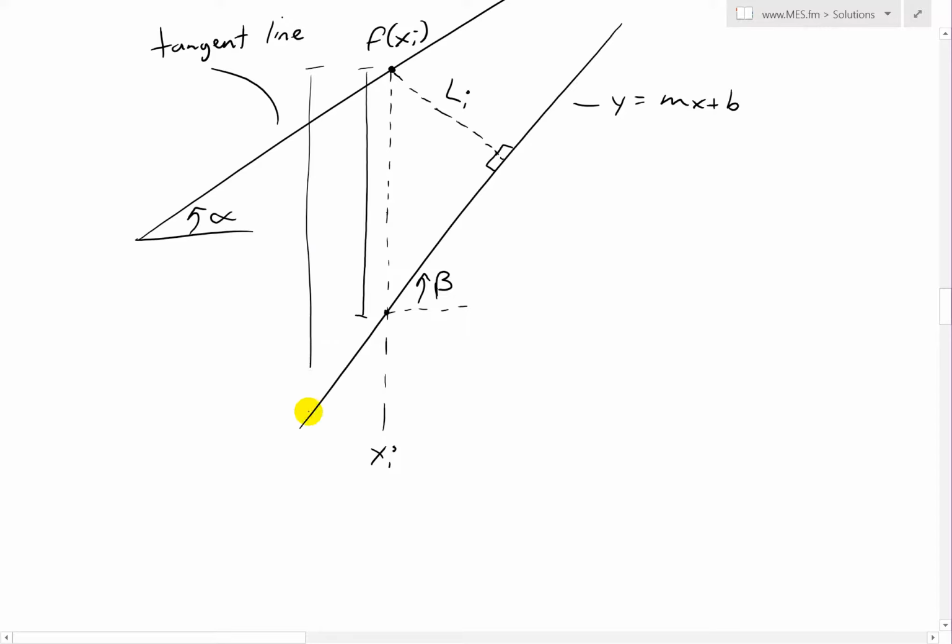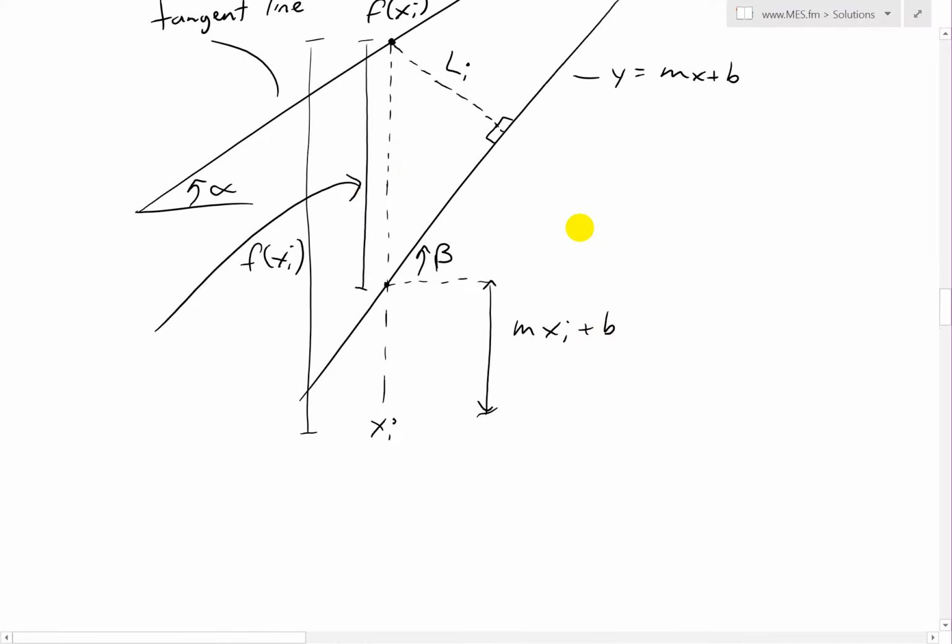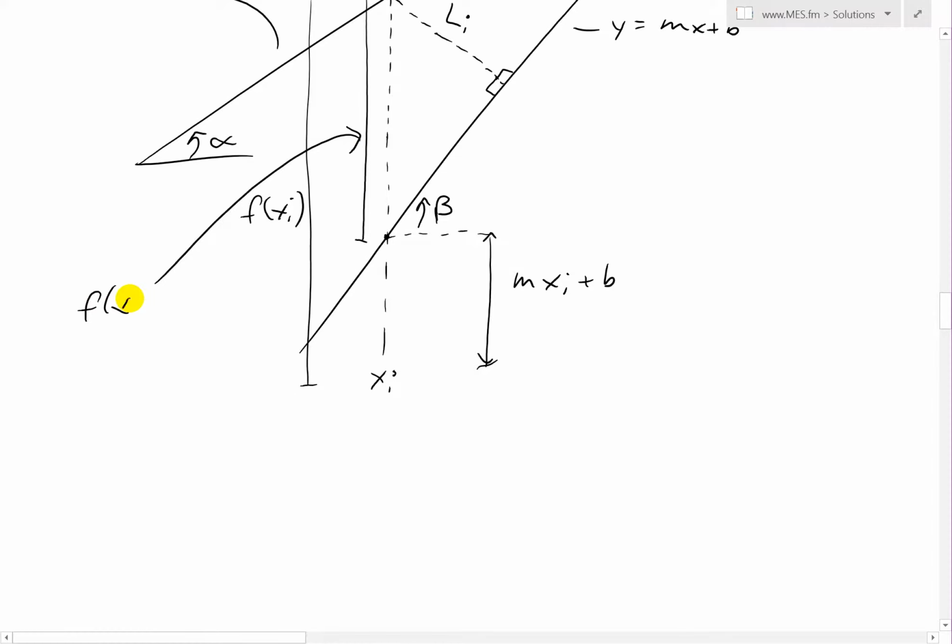So this is f of xi, and then this distance from this point on this slanted line is just going to be, well, it's y equals mx plus b, so plug in xi, so this is just m xi plus b. So this line segment across is just f of xi minus m xi plus b.